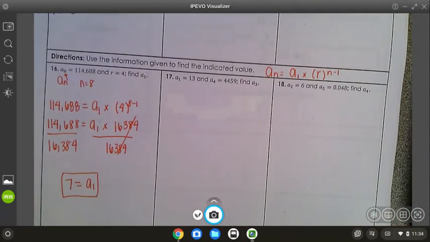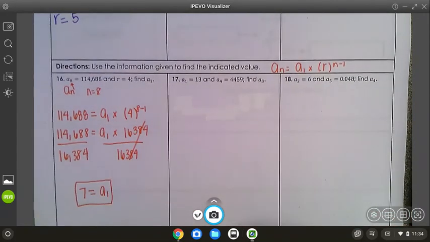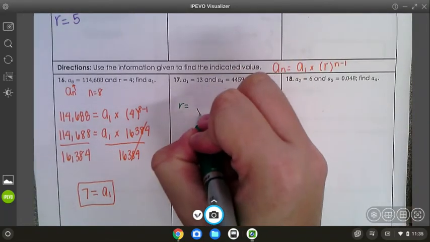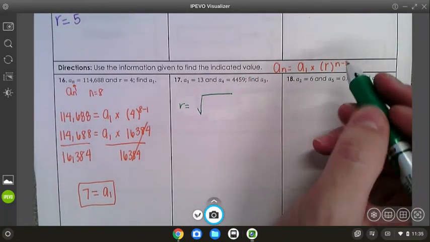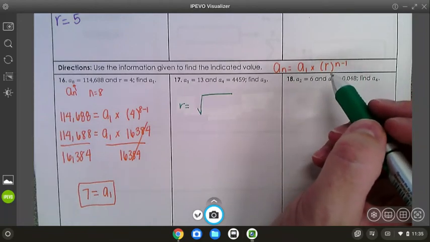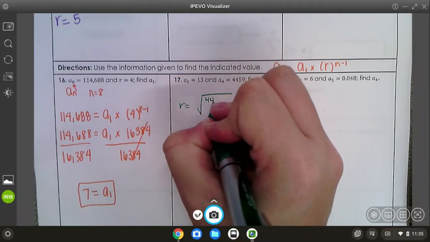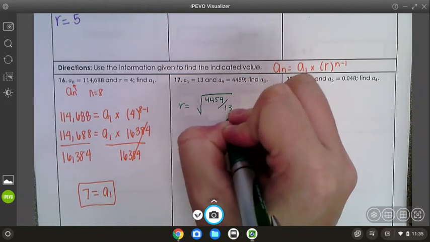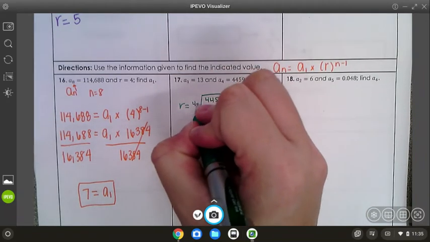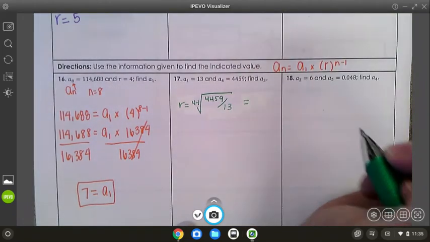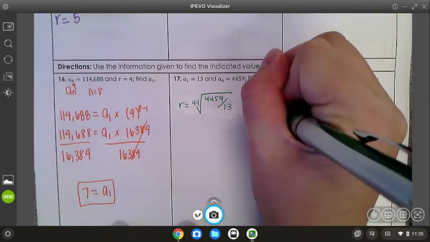Okay. We got to find R either way we do it. So to find the R, we're going to use this root of 4,459 divided by 13, and it's the 4 minus 1 root. So when we type that in, we get 7.